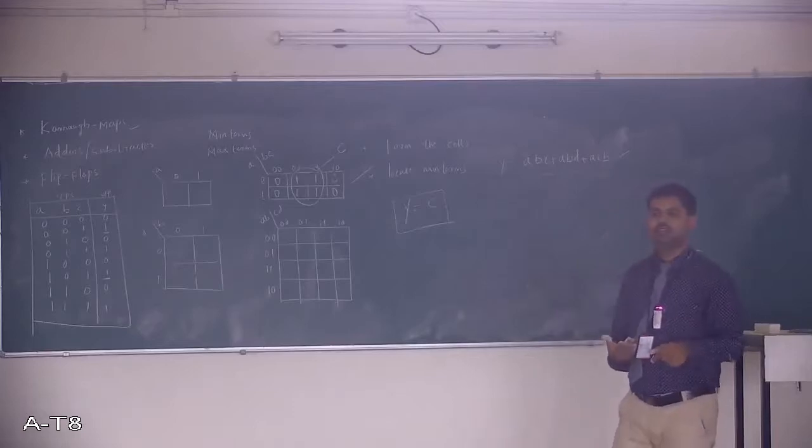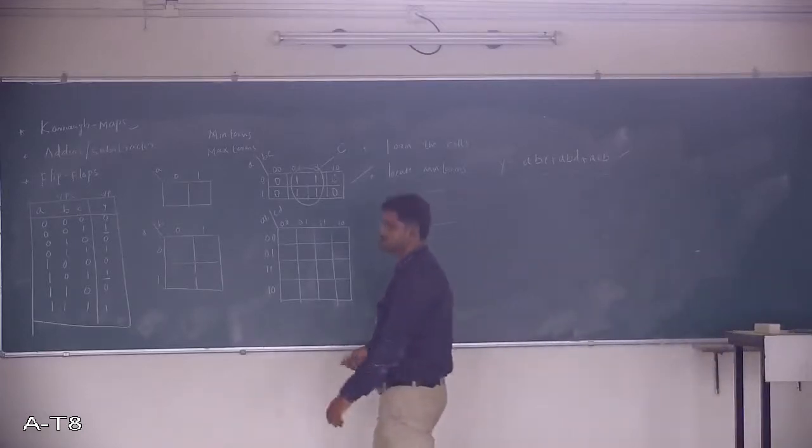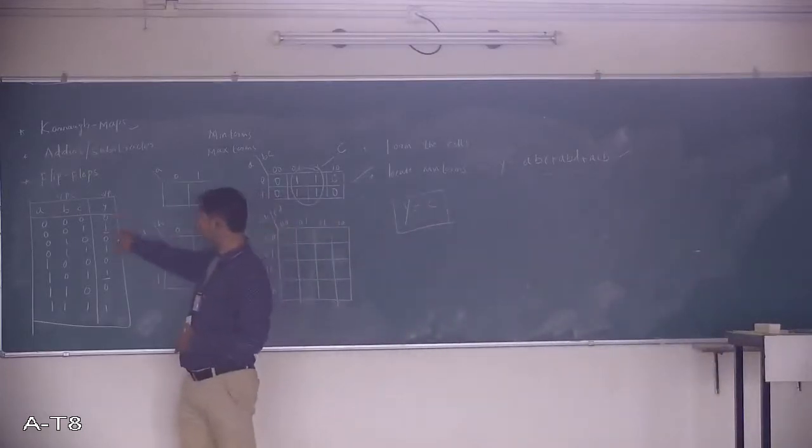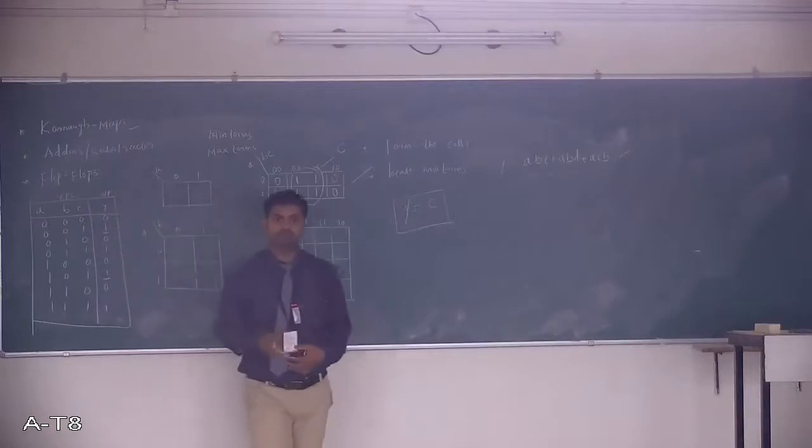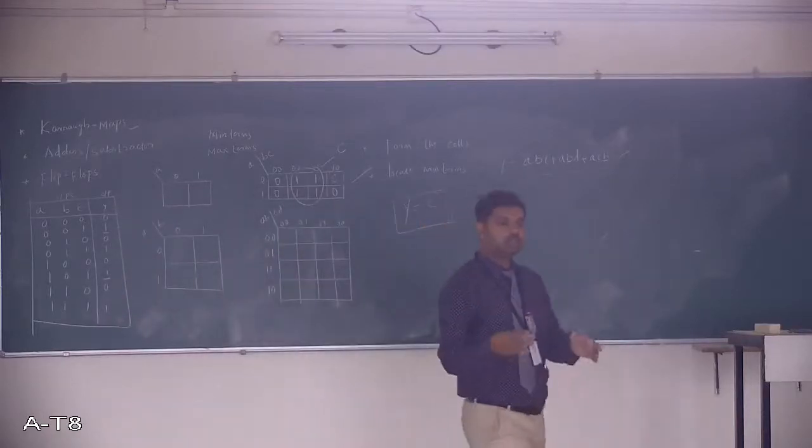You can realize it with the truth table also. See, your output is 1 wherever the value C is 1. C is 1 here, output is 1. C is 1 here, output is 1. C is 0 here, output is 0. C is 1 here, 1. This C column replicates here. So that's what the output is.